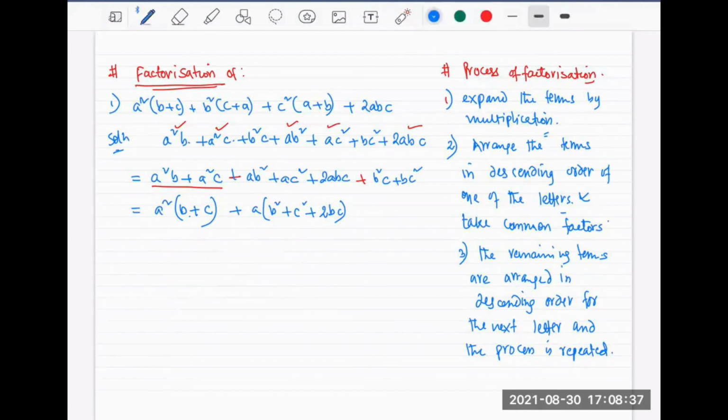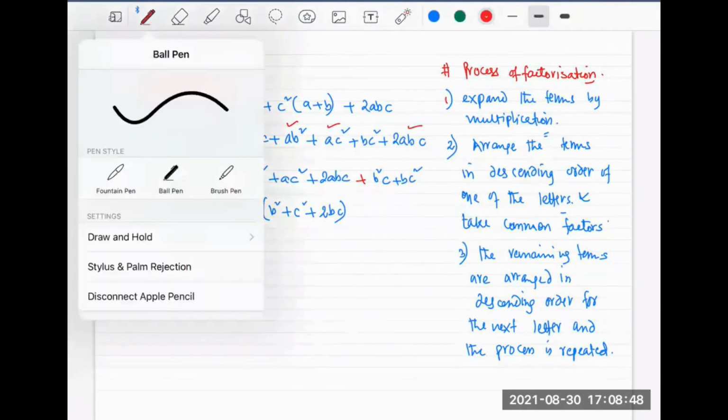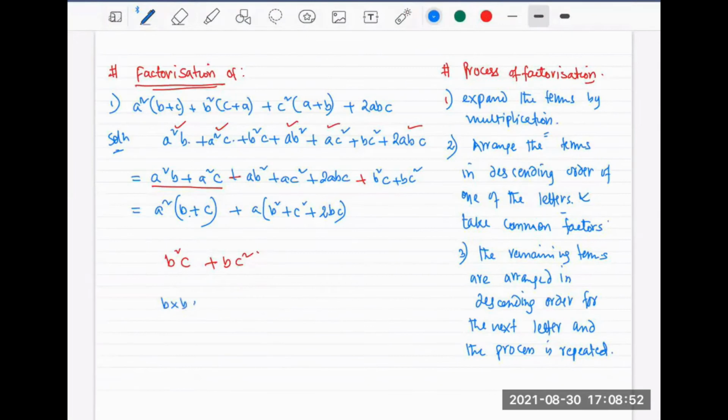So let's say I break it down like this. I'm just focusing on this part, okay? This part, let it be. So I can break it down like this: B into B. There are two B's, right? Similar thing here, you just write B, you multiply C two times. So what we are having is B into C into C. The common factor, let me surround them with the red color.